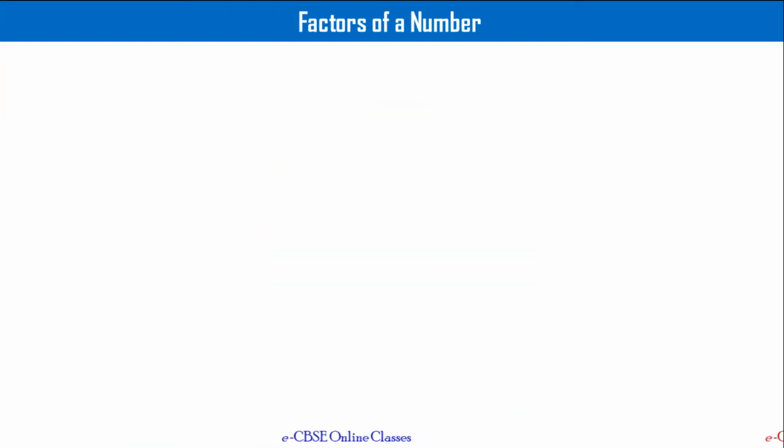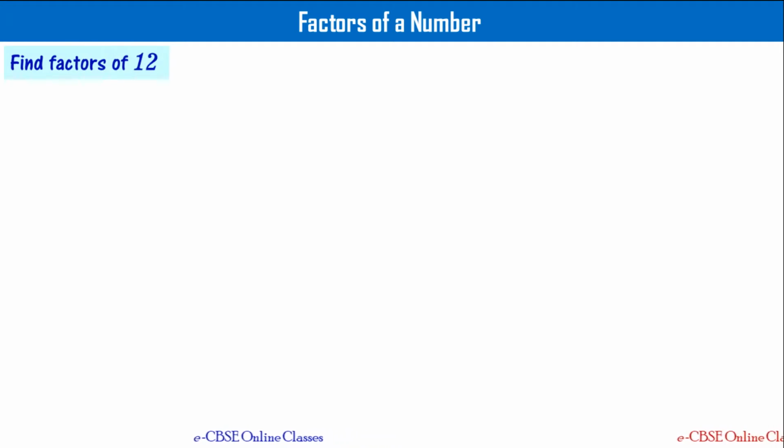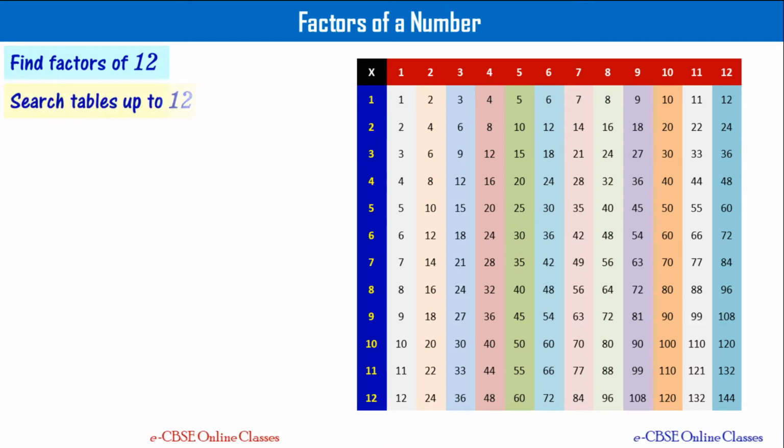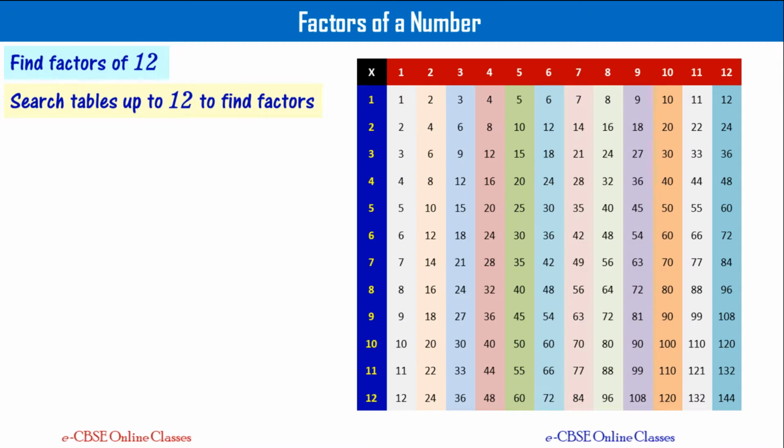Similarly, we can find factors of number 12 with the help of multiplication tables chart. To do that, we have to consider the whole of the table given here, because this is a multiplication tables chart put up for 12 by 12, right? Let's set tables up to 12 to find the factors.